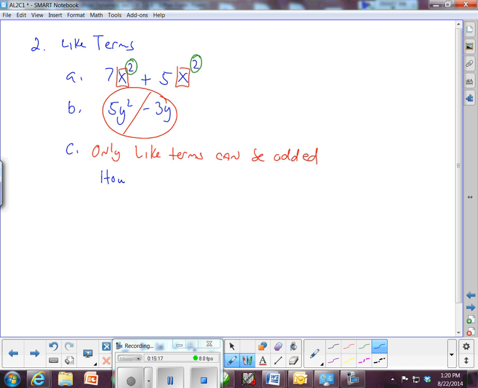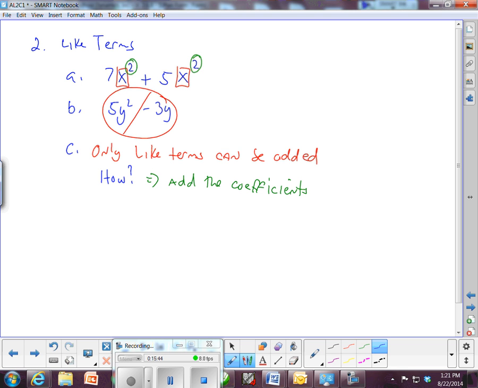And how do you add like terms? You simply add the coefficients. Again, what are the coefficients? The numbers that are the multipliers of the variable. Add the coefficients. That's all you have to do.